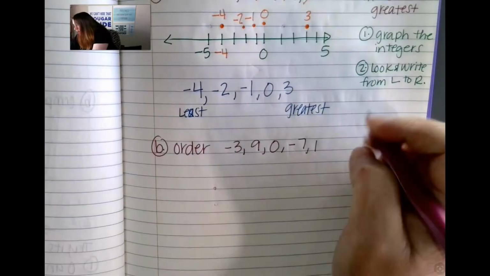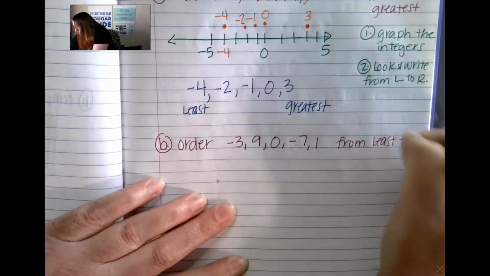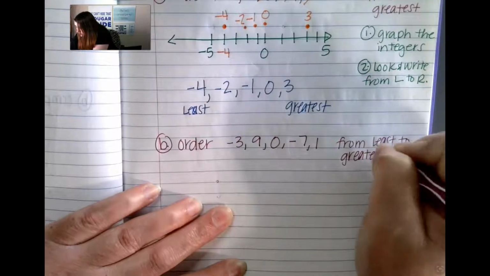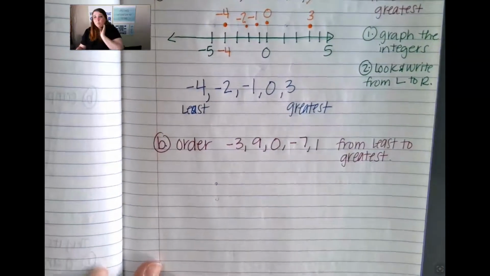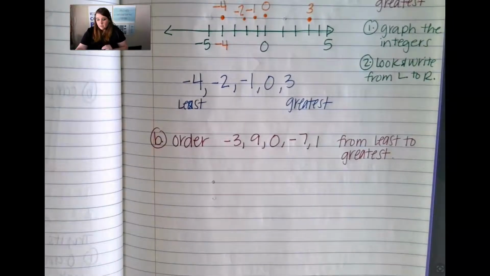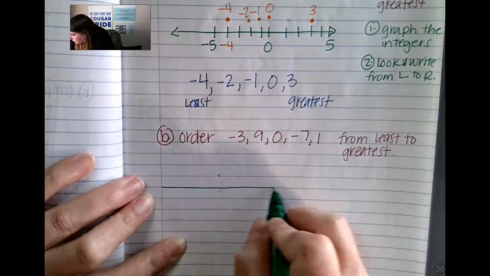Again, from least to greatest. All right, so step 1, graph the integers. So I'm going to draw a number line, and I'm going to graph my integers. So let's draw my number line.